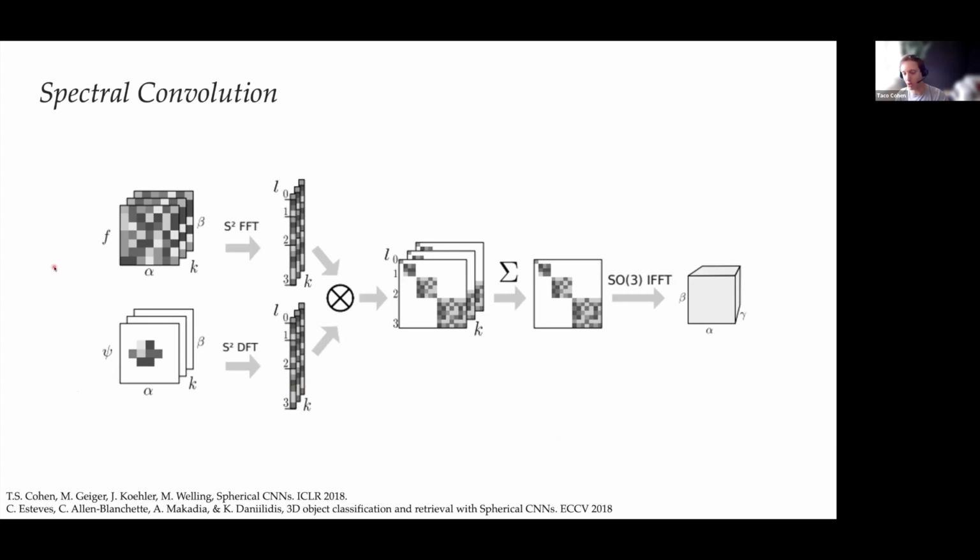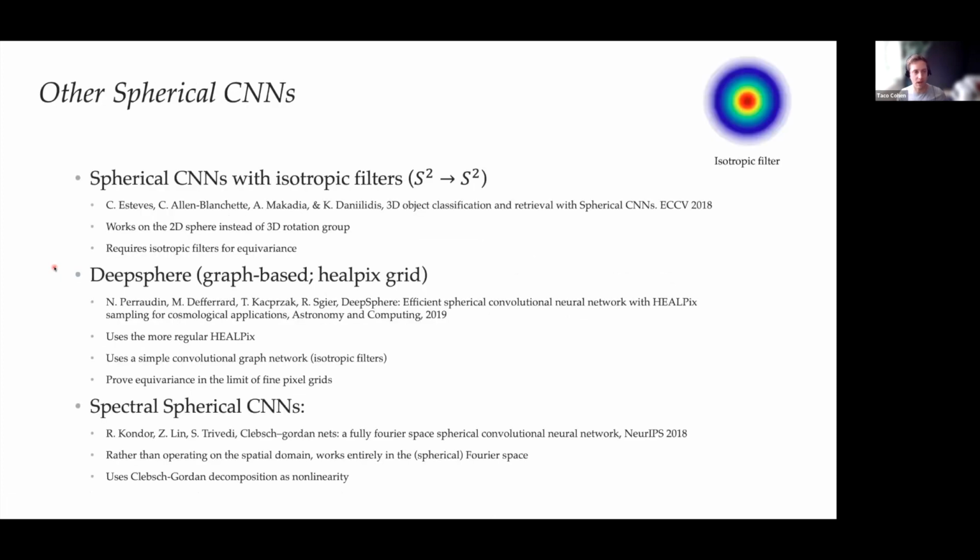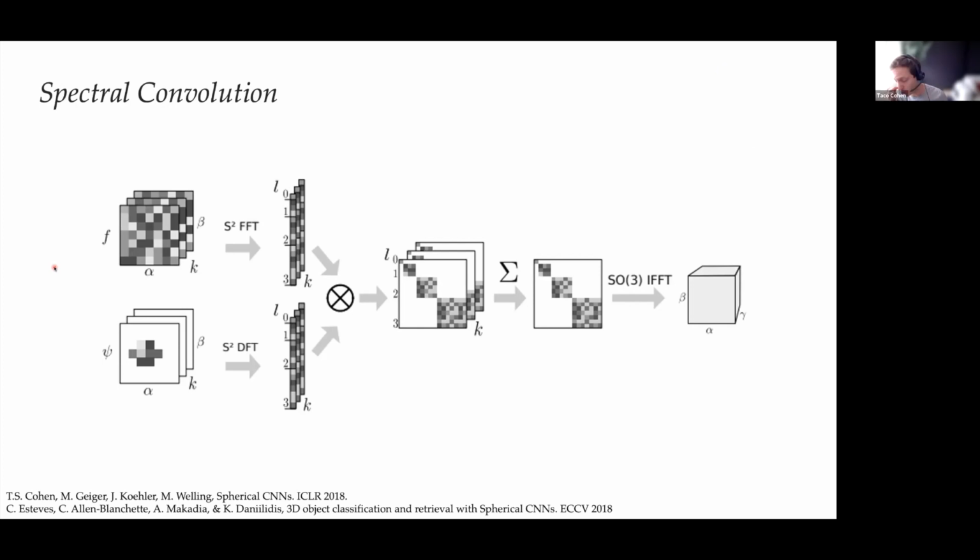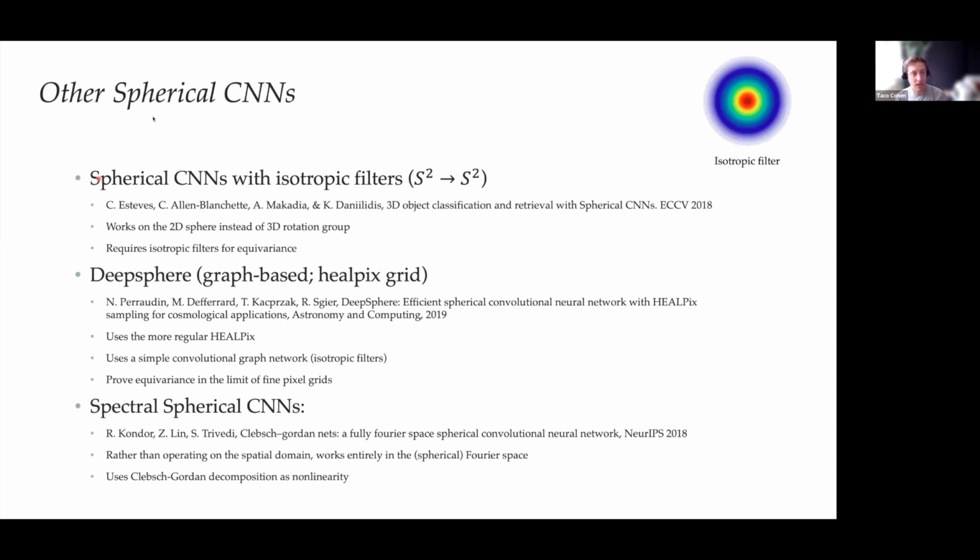Although Risi Kondor and others have found practical ways to do this. If you just want to implement a group convolution, I wouldn't recommend this, but there are spectral spherical CNNs that work well. So yeah, many approaches to spherical CNNs.